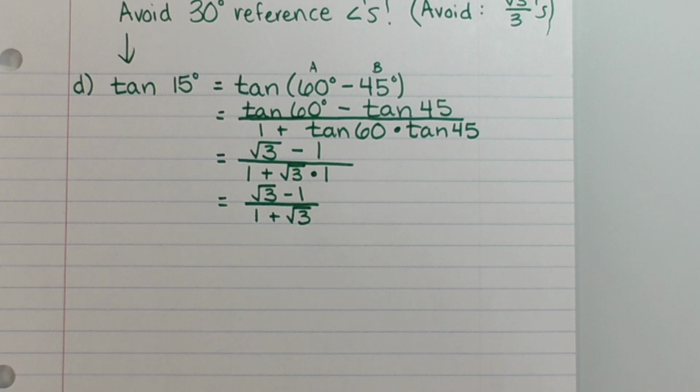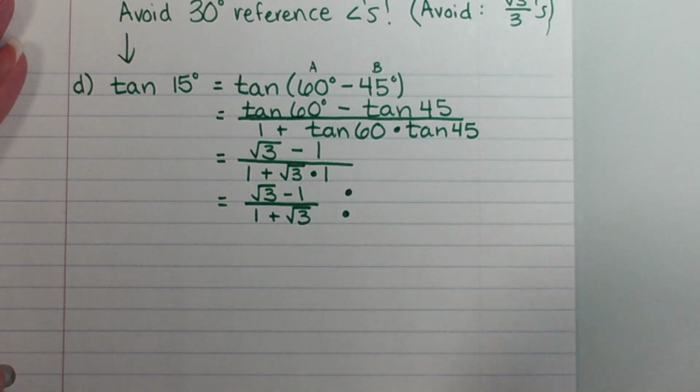How do I get a square root out of the denominator? Multiply on top and bottom, but when there's a plus or a minus, is multiplying by the square root of 3 going to do it? No, you multiply by its not reciprocal. Starts with a C. I heard someone whisper it. Conjugate.